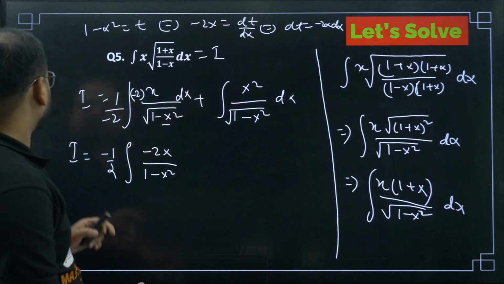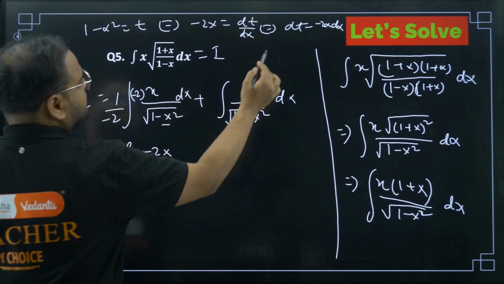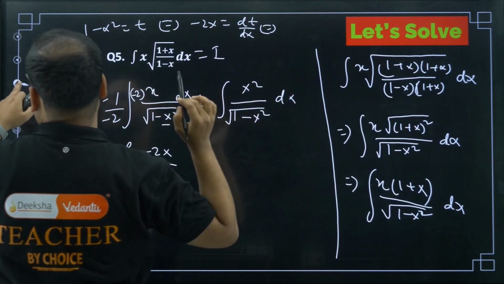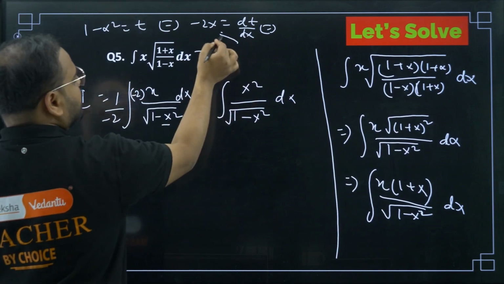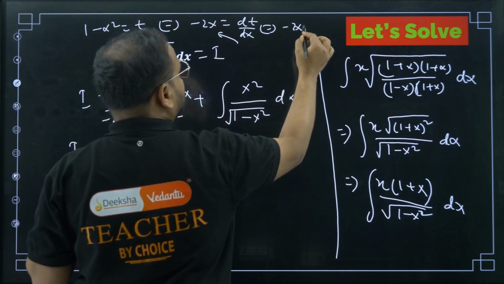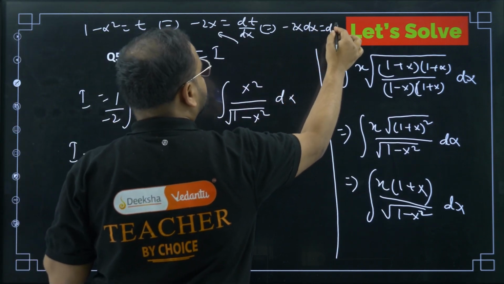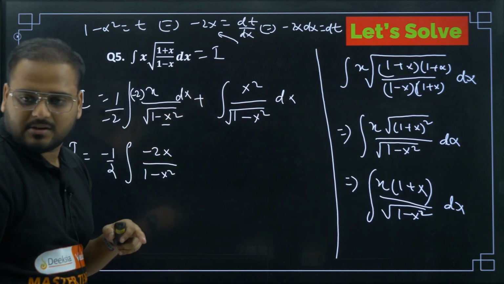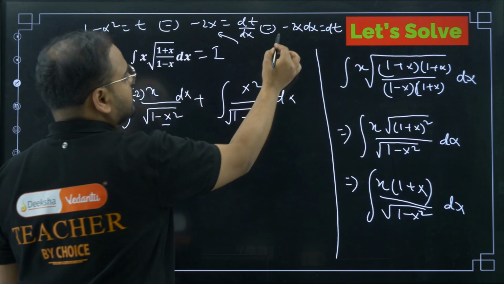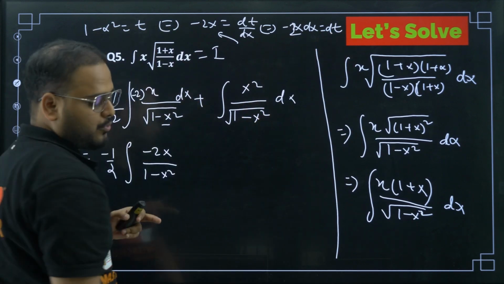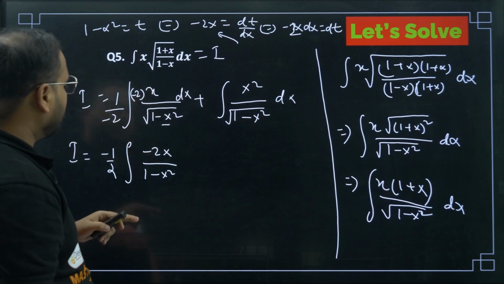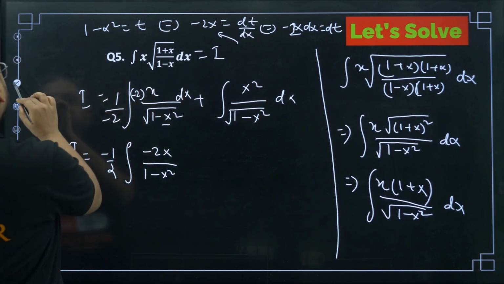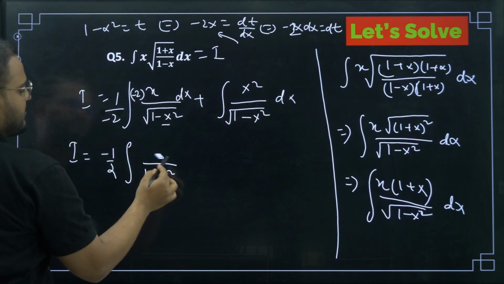Have a look. I'll rewrite this last part. Just multiply this over here. I get minus 2x dx equals dt. Yes, okay. Now have a look. I can rewrite this expression in this form.